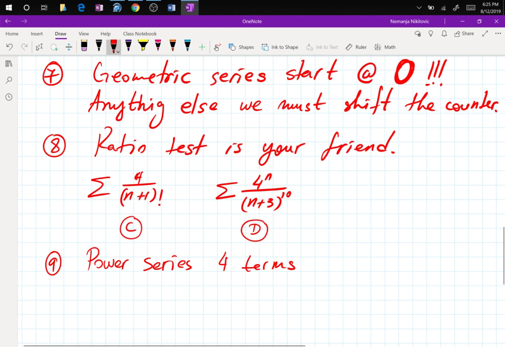Remainder is the next term. Now, the first term that you're dropping is the remainder, right? It carries most of the error. Is there anything else?